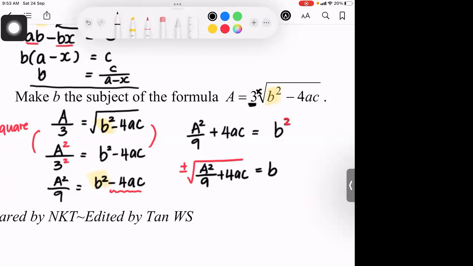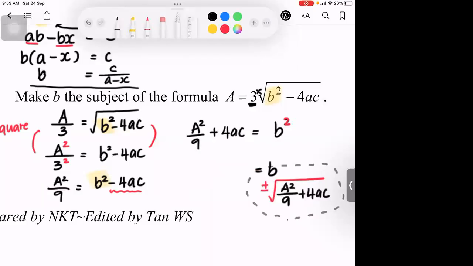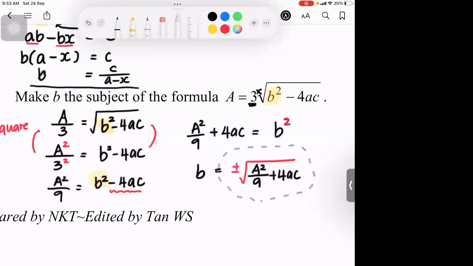So in this case, I'll write b in front. I'll shift this thing all the way to the back and I'll put b in front. Okay, so I'll shift this whole thing down. Okay, then this whole thing will be my final answer.